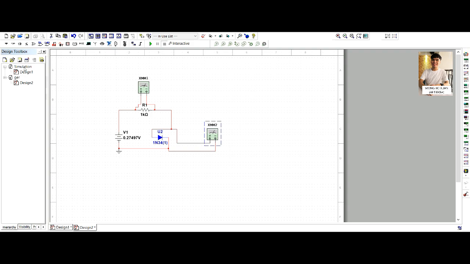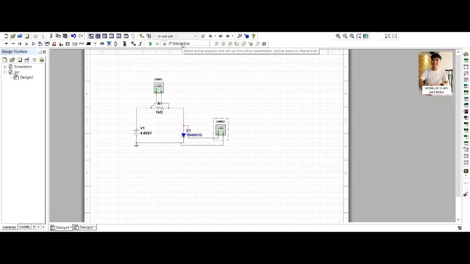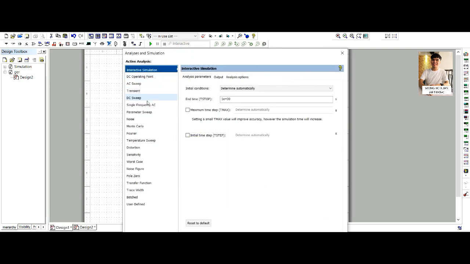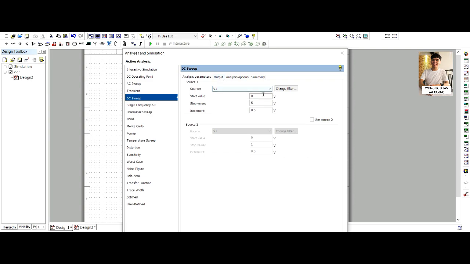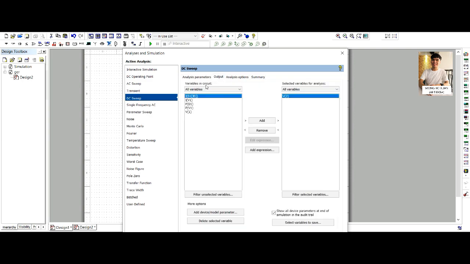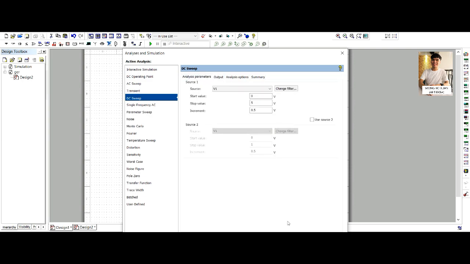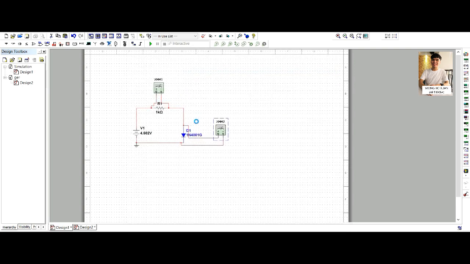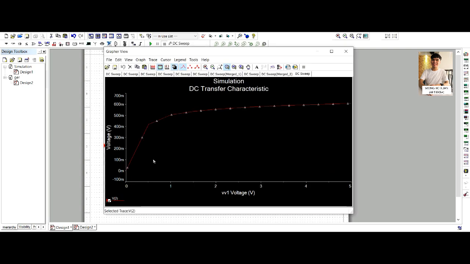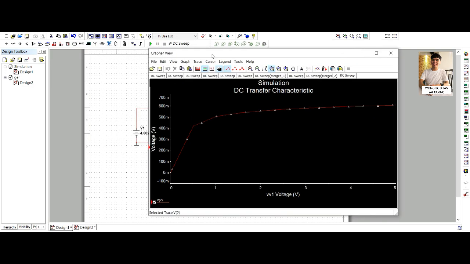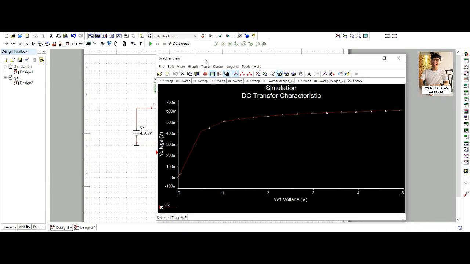In order for us to obtain the table for the different inputs, we could open the table by choosing DC sweep, choose from 0 to 5, and select the outputs that we desire and run. We could simply obtain the curve of the voltage at the diode where we are using different power inputs.